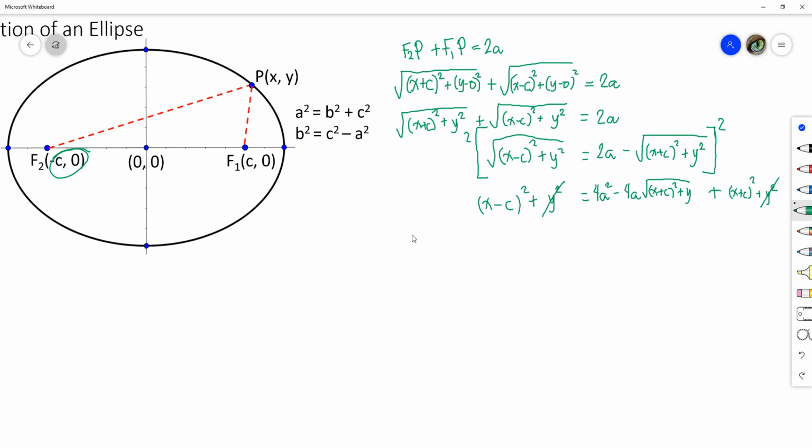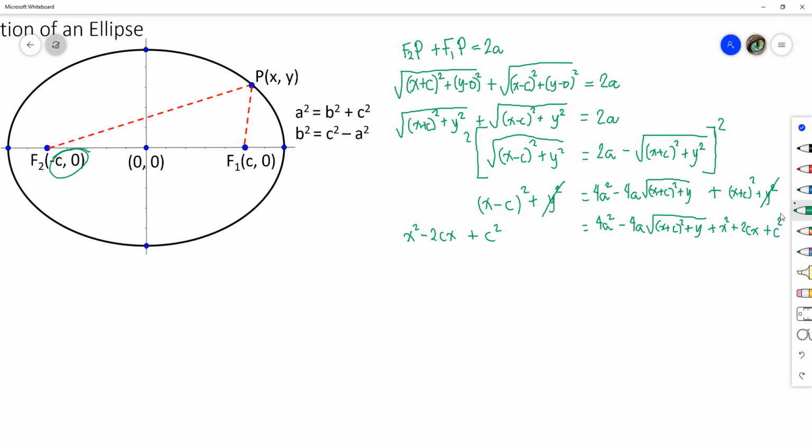To expand that one, we have x squared minus 2cx plus c squared, which is equal to 4a squared minus 4a times the square root of the squared quantity x plus c plus y squared, plus, let's expand this one, x squared plus 2cx plus c squared.